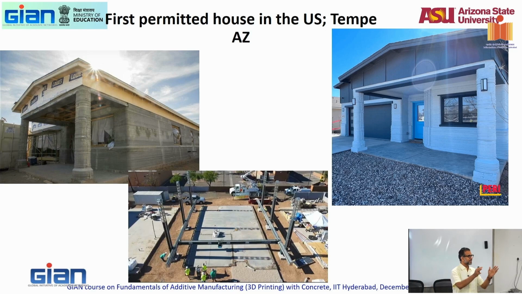Everybody wanted their traditional wood framed house. In the US, it's all wood framed houses, right? Nobody wanted this house. And finally, they got a family to live in it. And this house was supposed to be built in Arizona in the February, March timeframe.